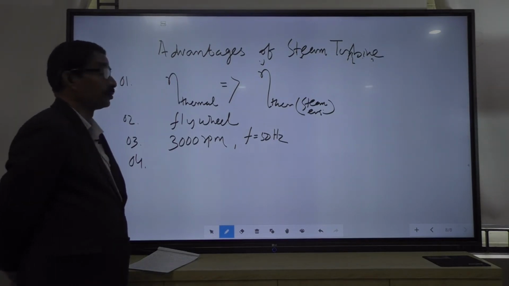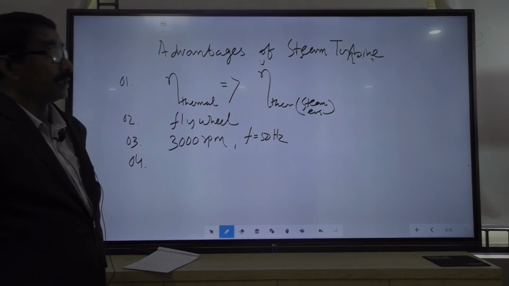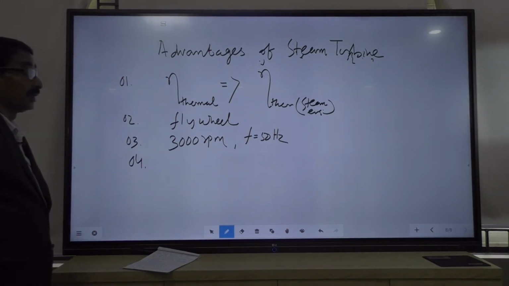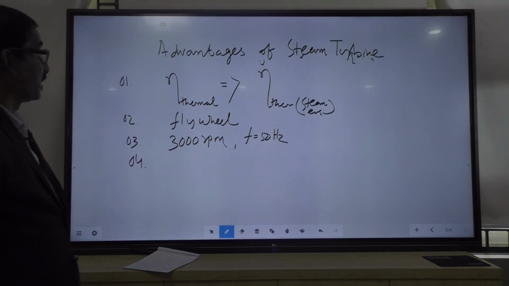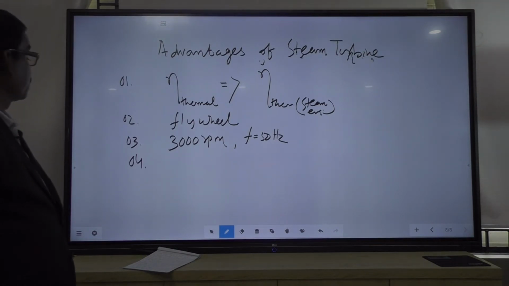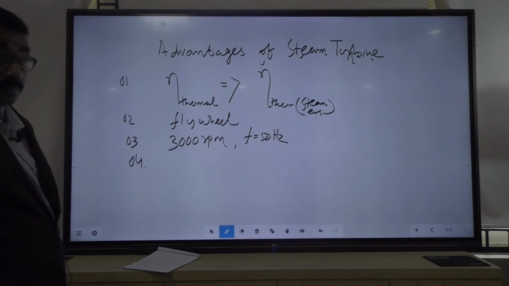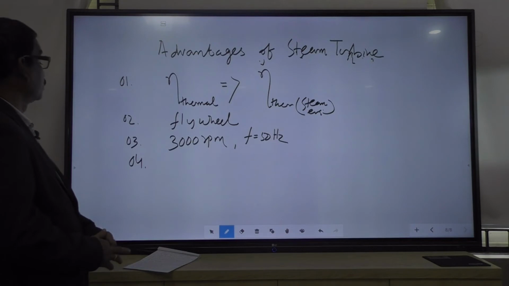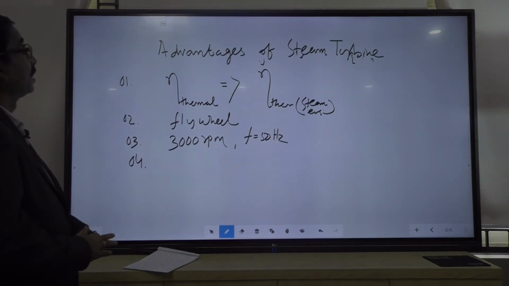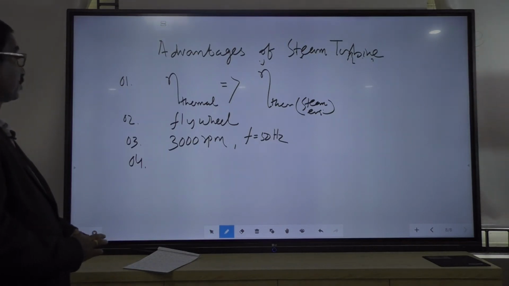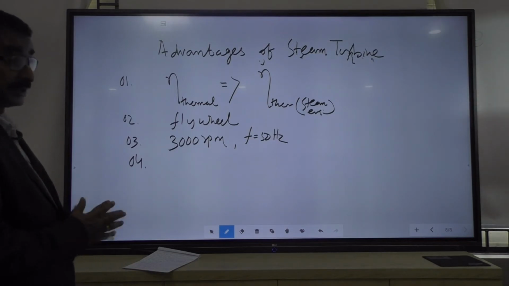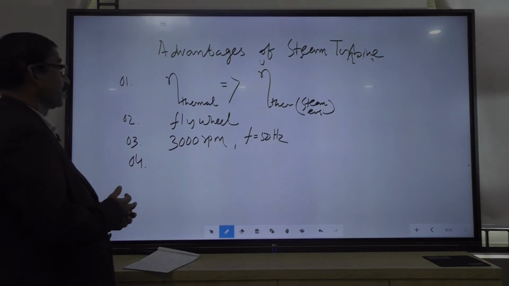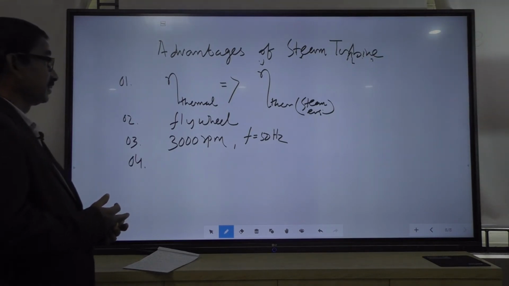In any super thermal power plant, the steam turbine is able to produce high output because it can be designed in very big sizes compared to steam engines or gas turbines. A steam turbine can be designed to a big size, and with different compounding you will get more output.